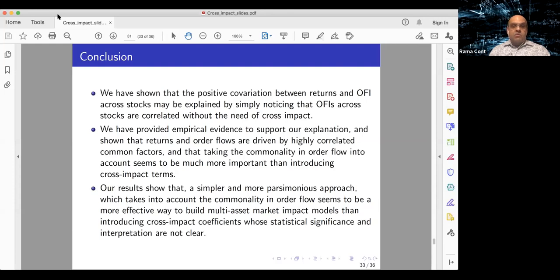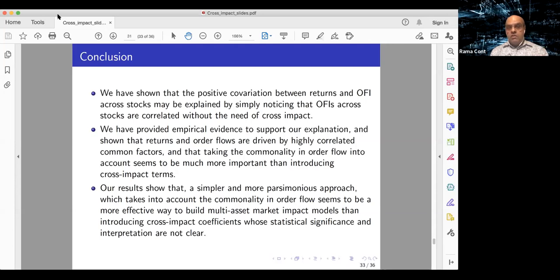In fact, what we showed through the analysis of this NASDAQ order book data is that a fairly simple one-factor model for order flow imbalance, where the order flow imbalance of each stock has one common factor plus an idiosyncratic factor, already goes a long way in explaining the patterns that we observe in the cross correlations of returns and OFI across stocks.